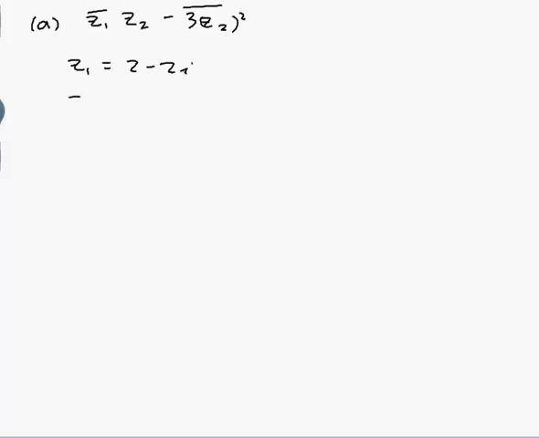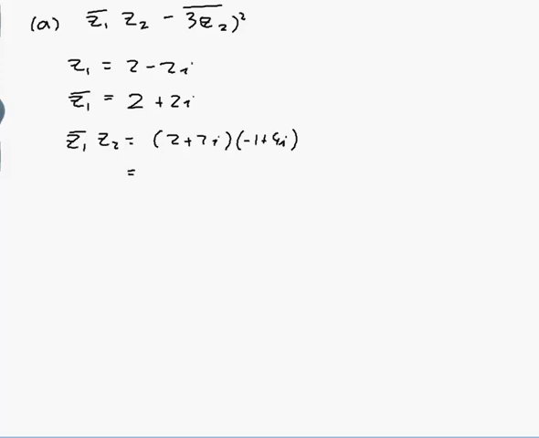So the conjugate, z1 bar. When you do conjugates, it's the same number, but I change the plus or minus of the imaginary part. So 2 plus 2i. And so z1 bar times z2 would be 2 plus 2i times z2, which was minus 1 plus 4i.